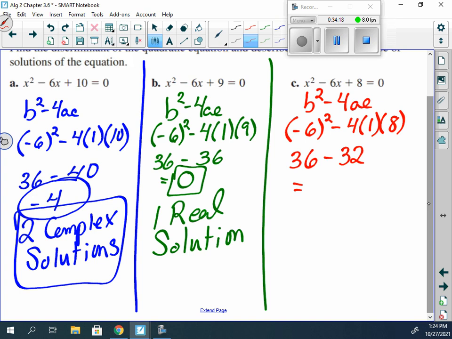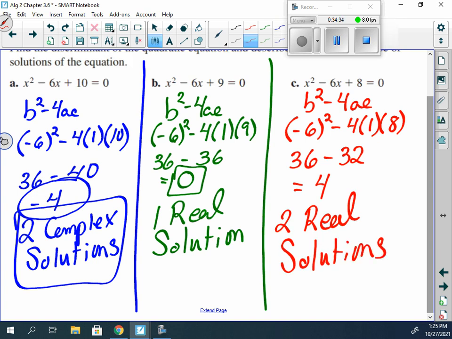So 36 minus 32 is 4. So how many solutions would we have? Two real solutions. Any questions on this here?